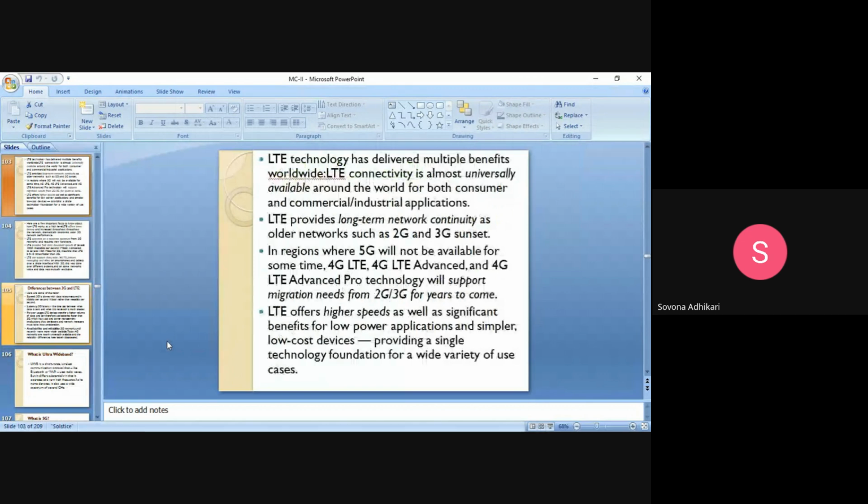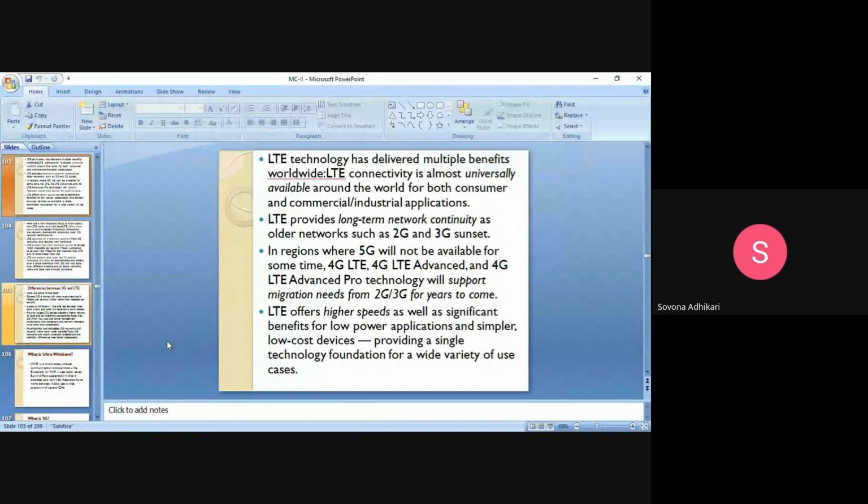Besides that, LTE technology has delivered multiple benefits worldwide. LTE connectivity is almost universally available around the world for both consumer and commercial industry applications. These are available universally. LTE provides long-term network continuity as older networks such as 2G and 3G sunset.